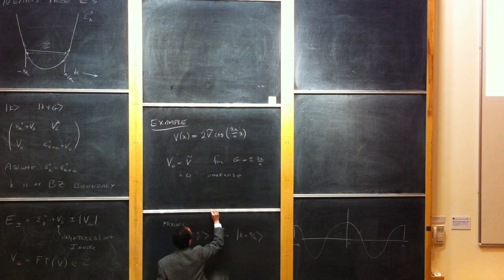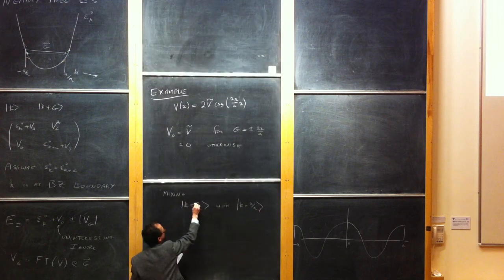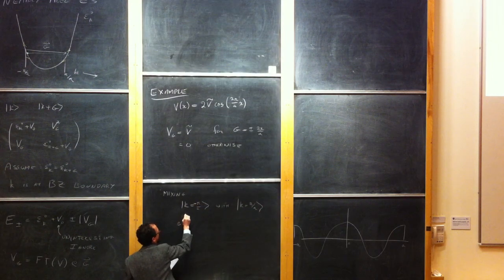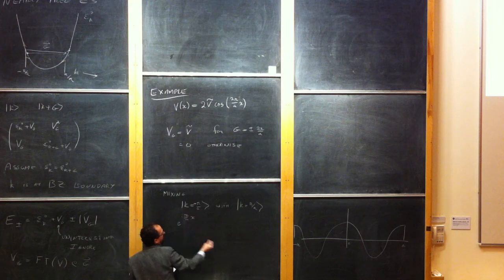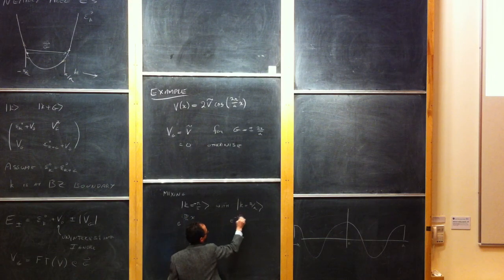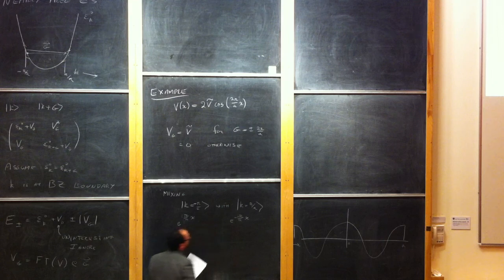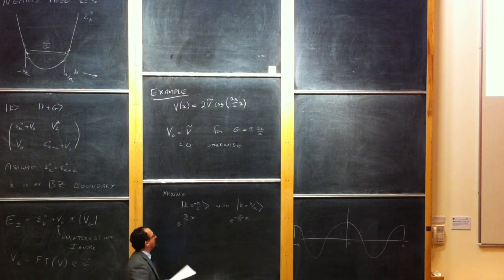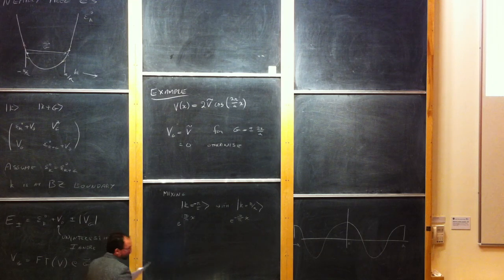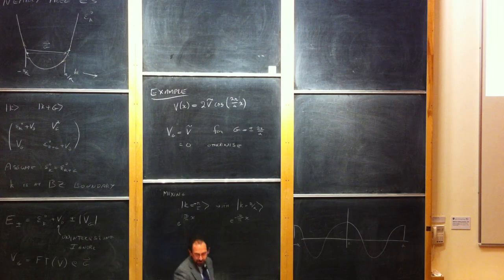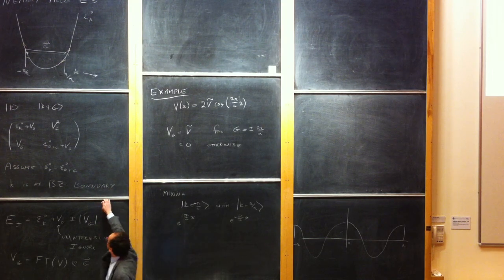These two kets. If you write them in real space, that's e to the i pi over a x and e to the minus i pi over a x, the two wave functions that get mixed together by this periodic potential.